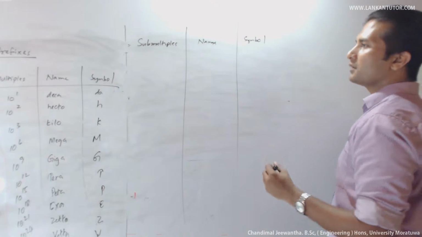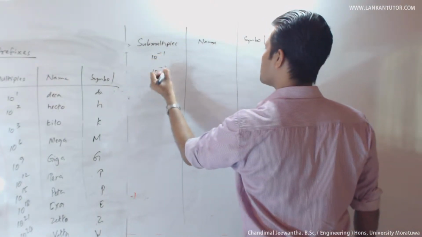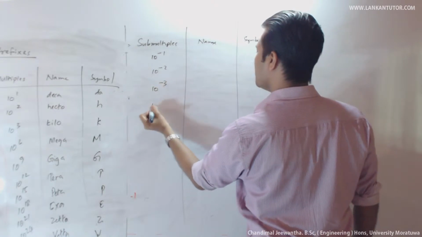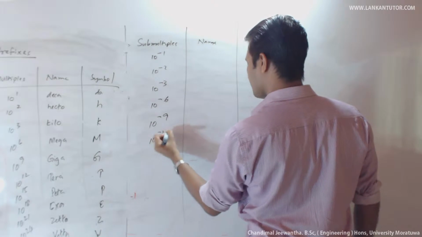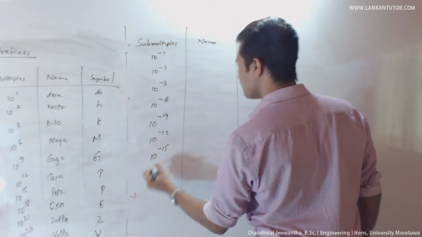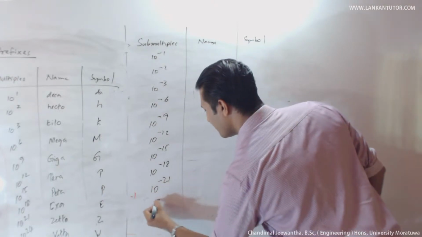What are those submultiples? Starting from 10 to the power minus 1, minus 2, minus 3, minus 6, 10 to the power minus 9, 10 to the power minus 12, 10 to the power minus 15, 10 to the power minus 18, minus 21, minus 24.